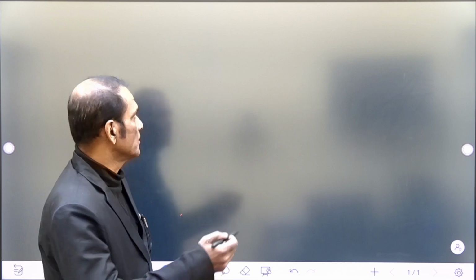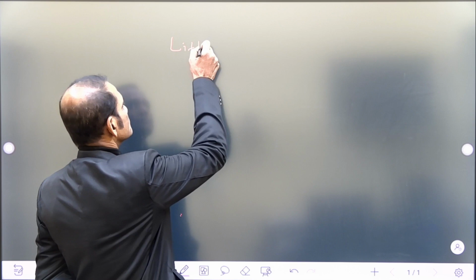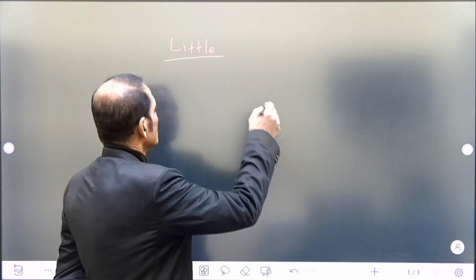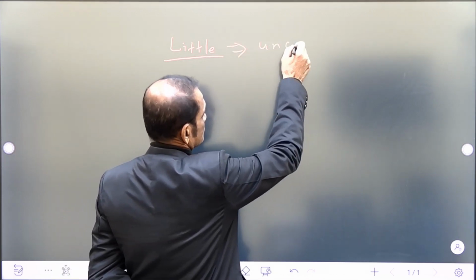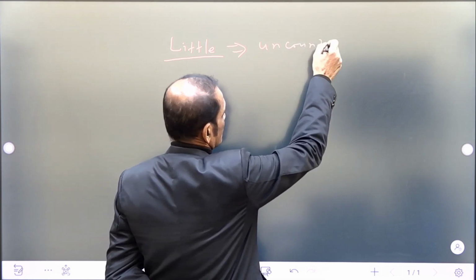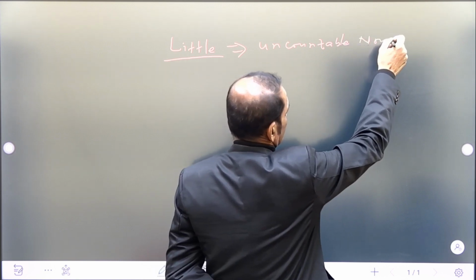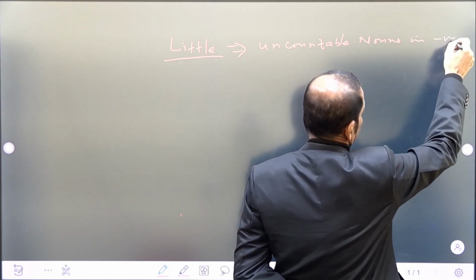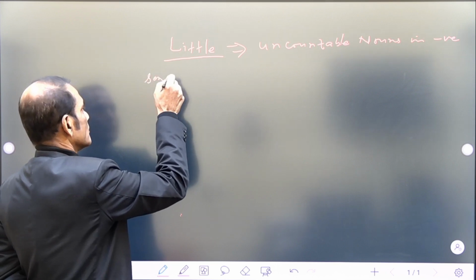So let's begin. In this case, the first adjective is little. Little is associated with uncountable nouns in negative sense.